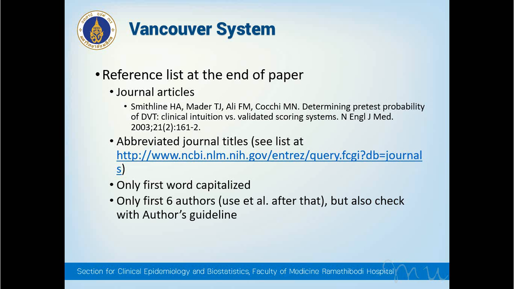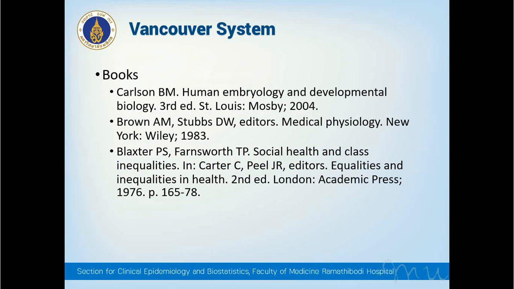Sometimes when you import something from a database, it won't be imported as an abbreviation. So in the final version, you have to see whether it's abbreviated or not. A lot of people have this kind of problem, because some journals are abbreviated and some are not. So you have to carefully check whether they are all abbreviated. And for books, you already know how to do this.